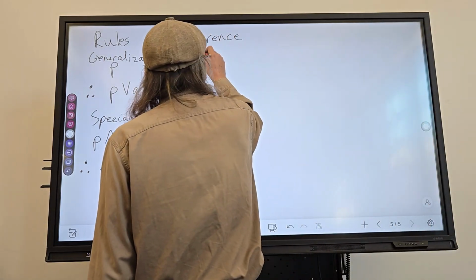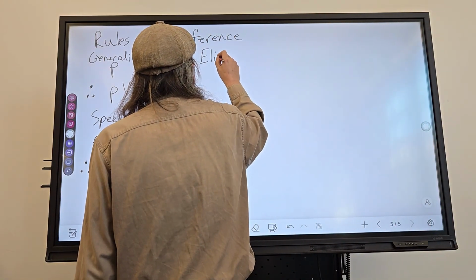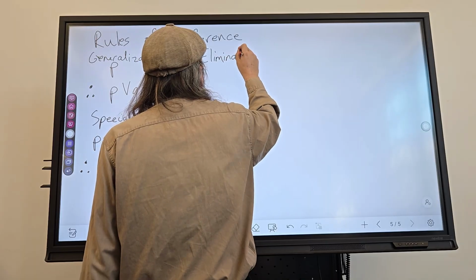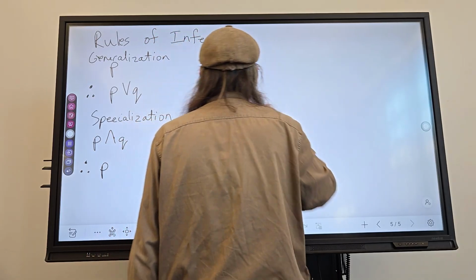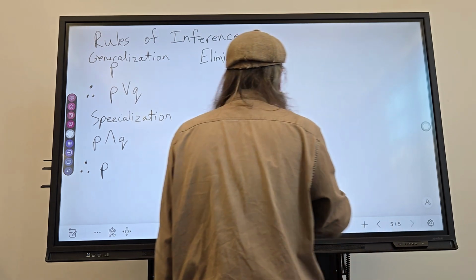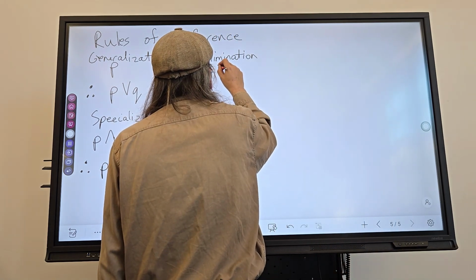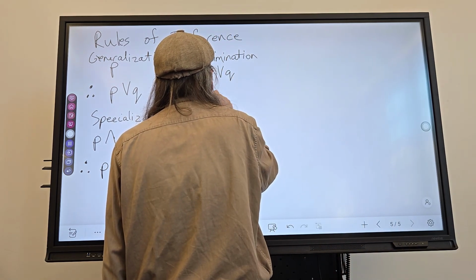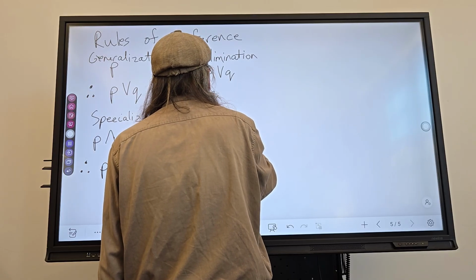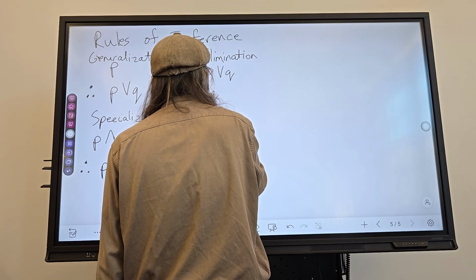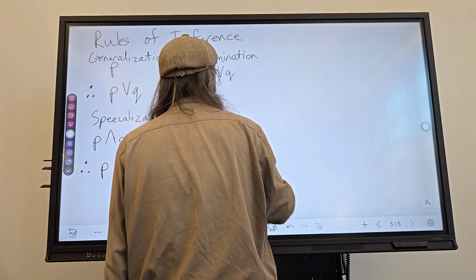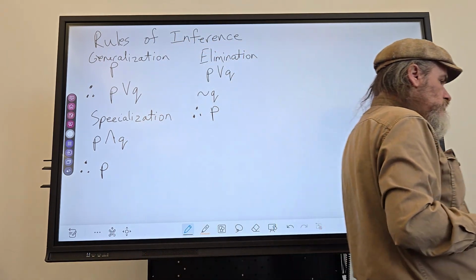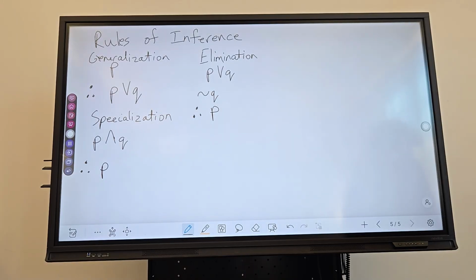Elimination. P or Q, not Q, therefore P. This argument's form says that when you have only two possibilities and you can rule one out, then the other one must be the one that's true.